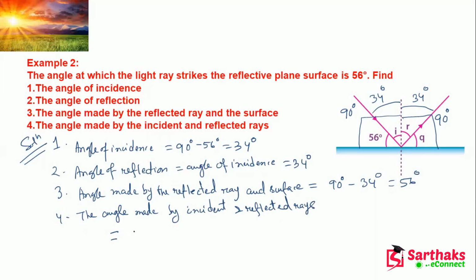Here I am writing twice into 34 degree. So how much will it be? 68 degree. Okay, so this is the answer. Is it clear? Fine. Now let's proceed to the next one.